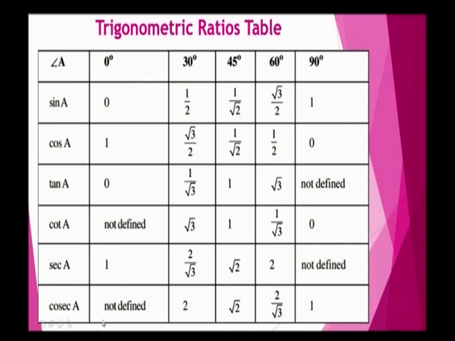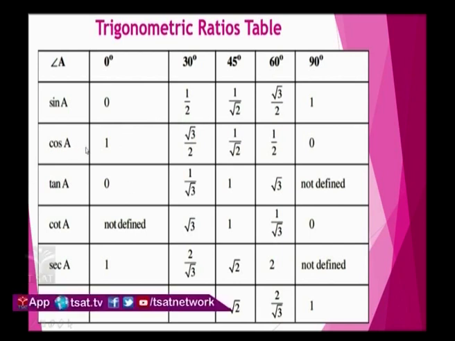If you remember them for sine, children, then for cos, if you write them in the reverse order, we will get the values. So let us see what the values for sine are. Sine 0 is 0, sine 30 is 1 by 2, sine 45 is 1 by root 2, sine 60 is root 3 by 2 and sine 90 is 1.